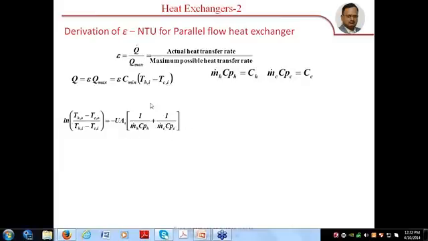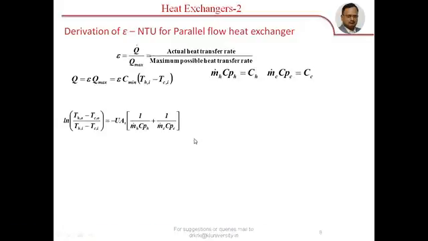And this equation we have derived already in the LMTD derivation of parallel flow heat exchanger, which I have picked up from there. Logarithm of delta T outlet by delta T inlet is equal to minus UA into 1 by MHCH plus 1 by MCCC.